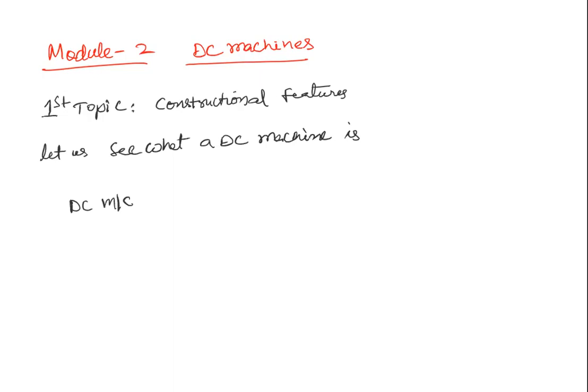It can be a DC generator. It can be a DC motor. Both of these we can call a DC machine. In general, the general term is DC machine. So it can be a DC motor or a DC generator as well, right?